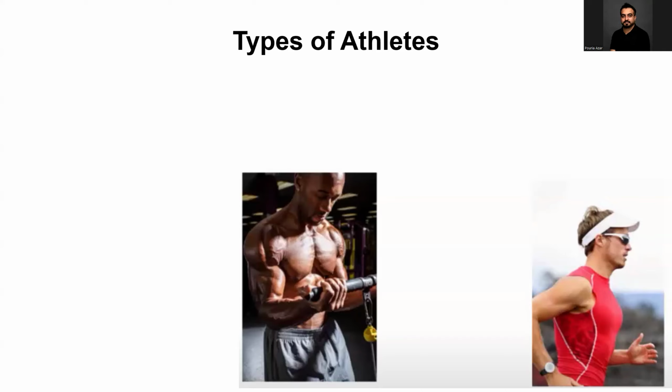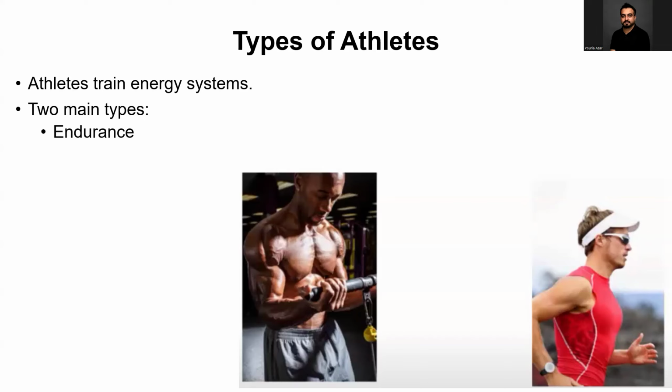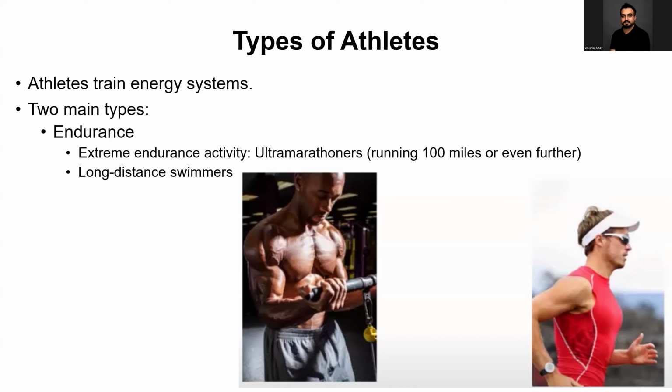But the athletes can also be categorized into two main types. We have endurance athletes and we have strength and power athletes. So here in the picture, the guy who is running is an endurance athlete. And the guy who is doing some weightlifting is a strength and power athlete.